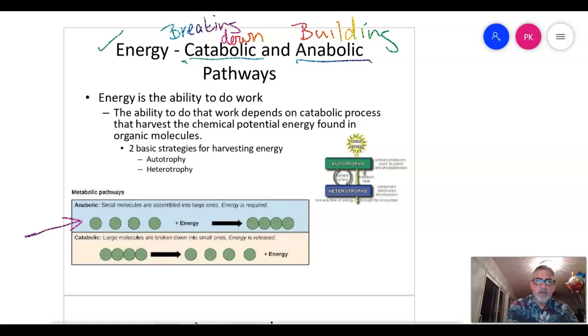So if you look at the anabolic here, I've got substrates, right? And then I'm going to put energy into them. So the anabolic will store energy in the bonds.